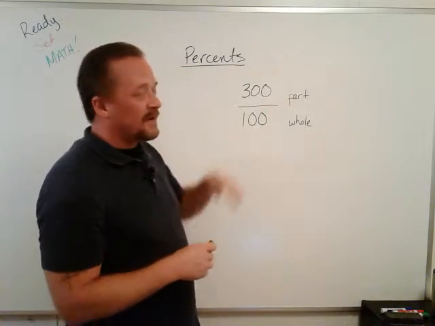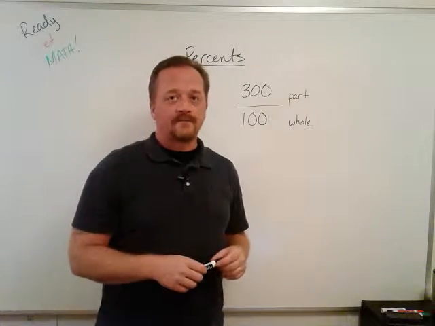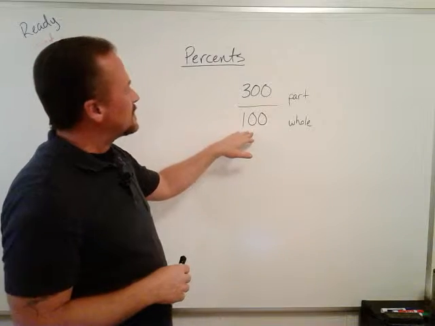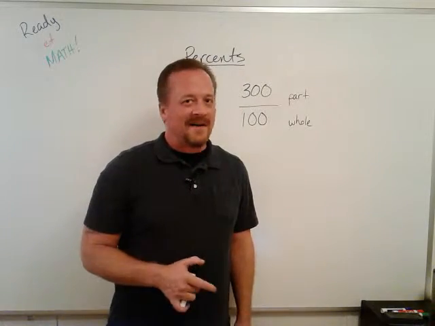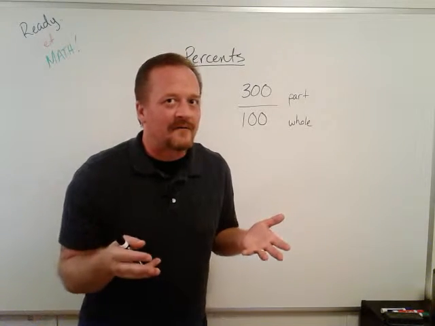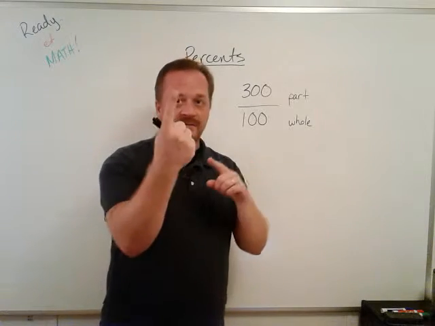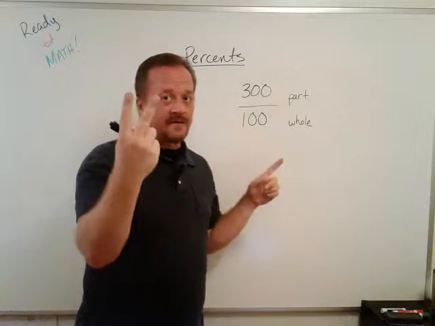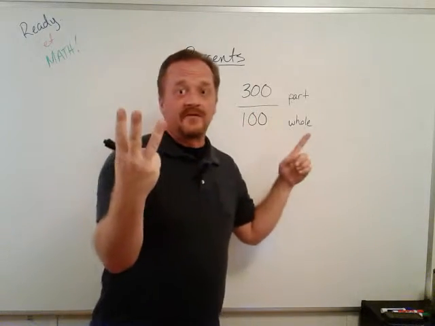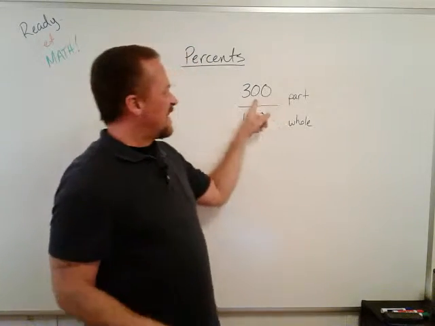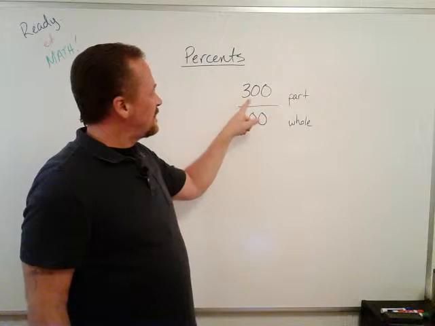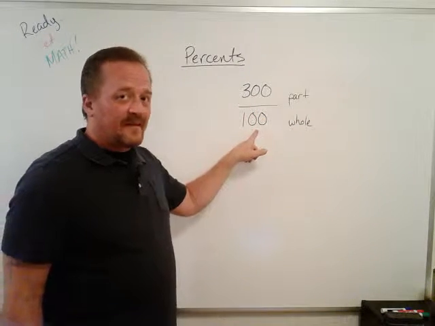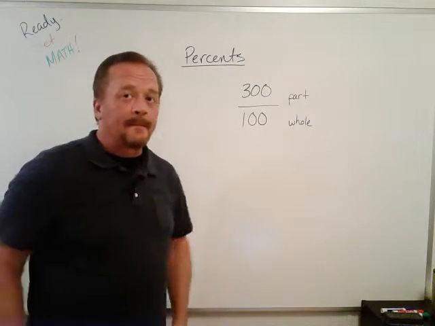To get from here to here, we'd have to multiply by 3, right? So that means if we have 300% of a pie left, how many pies do we really have? Well, I have 100% and another 100% and another 100%. That actually means I have 3 full pies, okay? This number can be bigger than this number. It happens all the time.